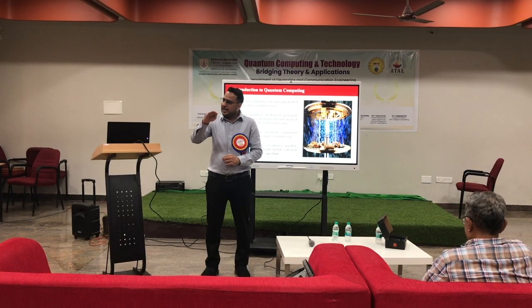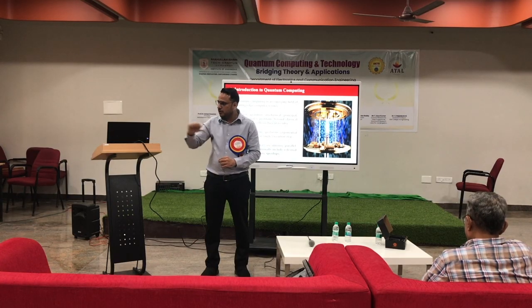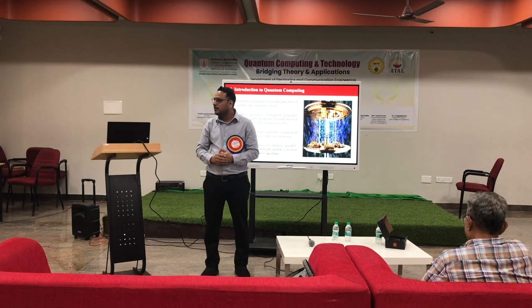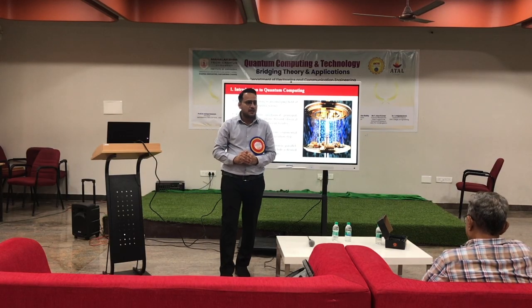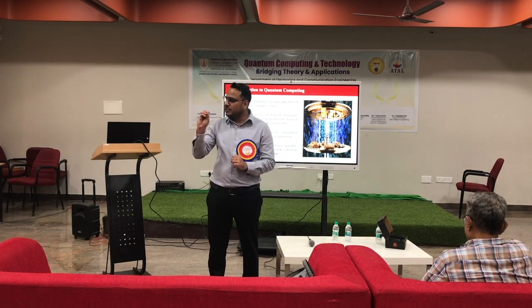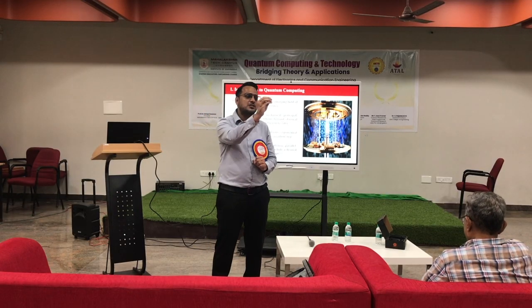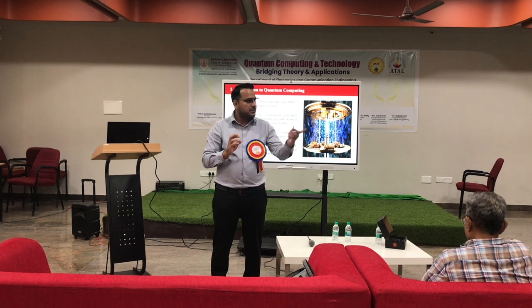We have two types of machines. This is the classical machine, like our desktops and laptops. These machines are deterministic in nature. Why do we call them deterministic in nature? Because these machines work on the lowest level of processing based on zeros or ones. Either 0 or 1.